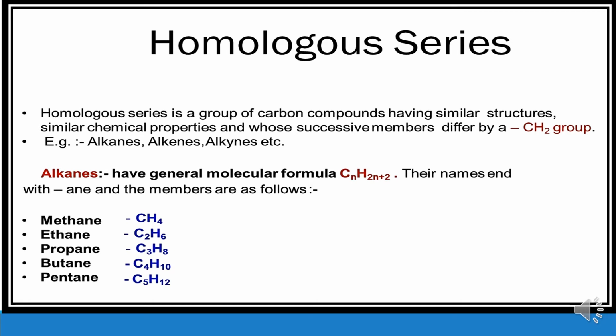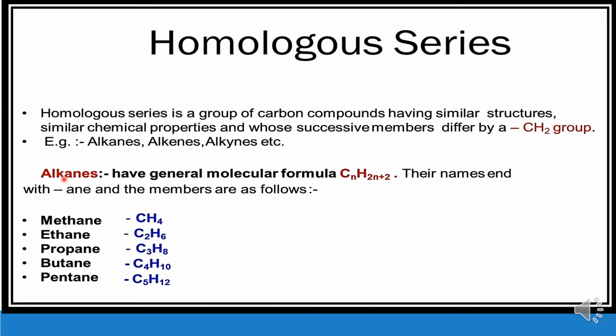They have similar chemical properties and any two adjacent members differ by a CH2 group. The individual members of such a series are called homologues, and such a series is called a homologous series. Children, if you see here on the screen, one example is given of the alkane series.